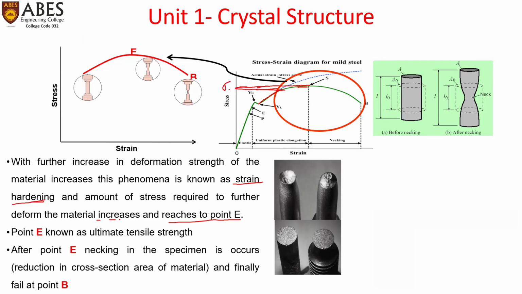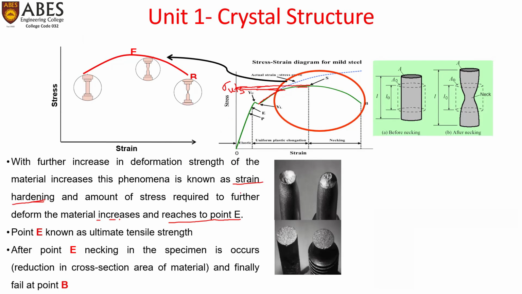So this sigma S or sigma UT, the ultimate tensile stress UTS, is found from here. So point E is known as ultimate tensile strength.